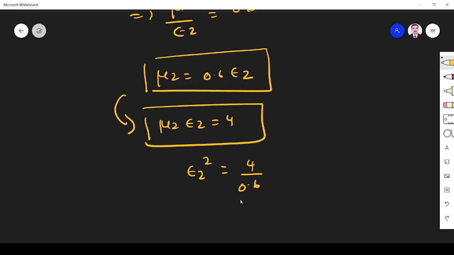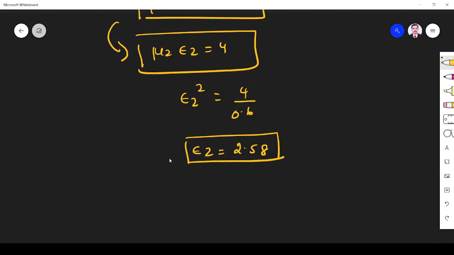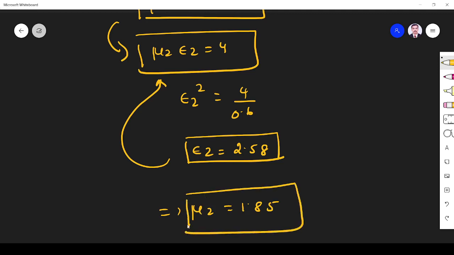If you simplify, what you get is epsilon 2 is 2.58. Substitute epsilon 2 here, what we get is mu 2 is 1.85. So this is epsilon 2 and mu 2.